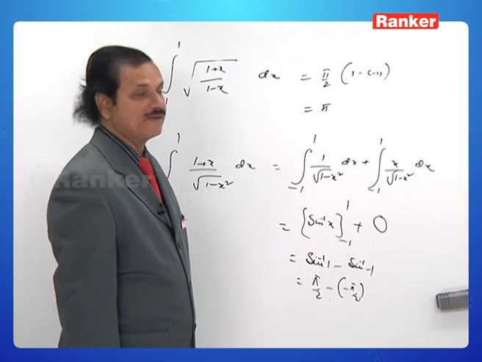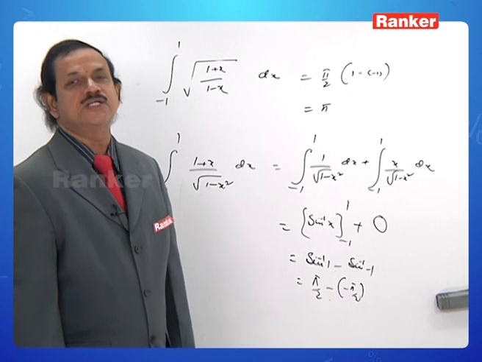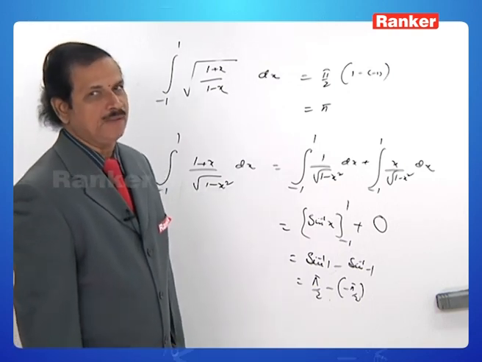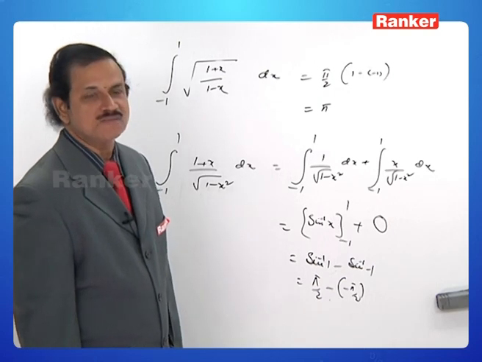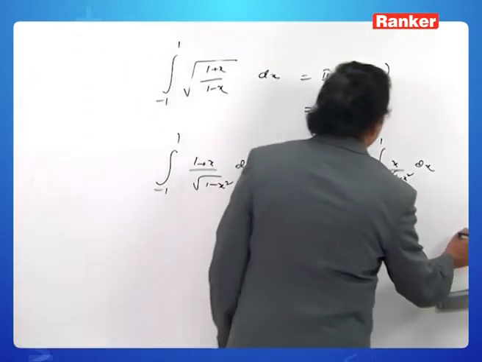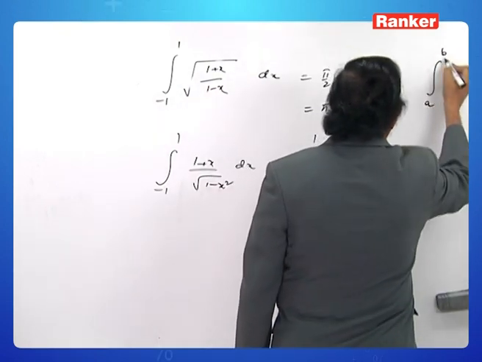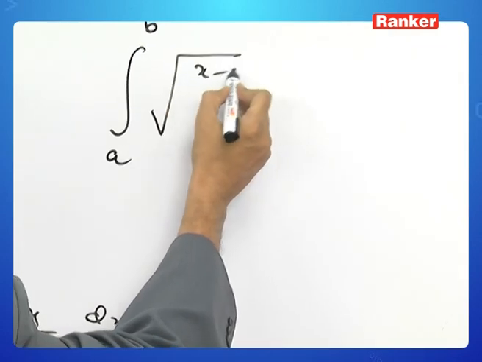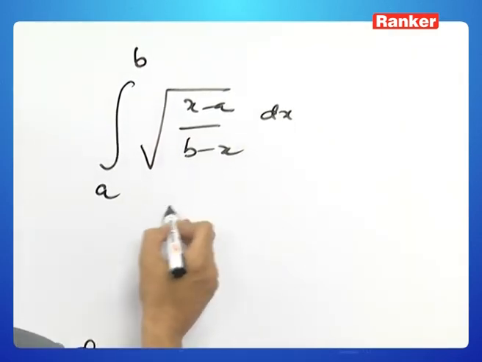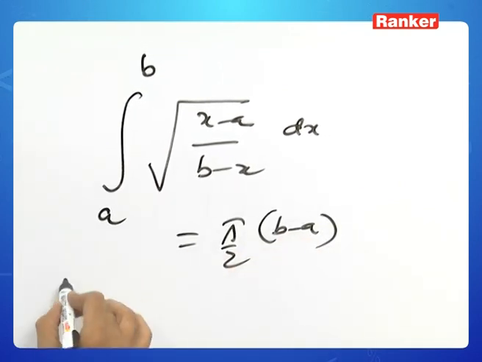Therefore, you can use the formula: integral a to b of square root of x minus a by b minus x dx is nothing but pi by 2 into b minus a. So what is the formula we have just now used? Integral a to b of square root of x minus a by b minus x dx is equal to pi by 2 into b minus a.